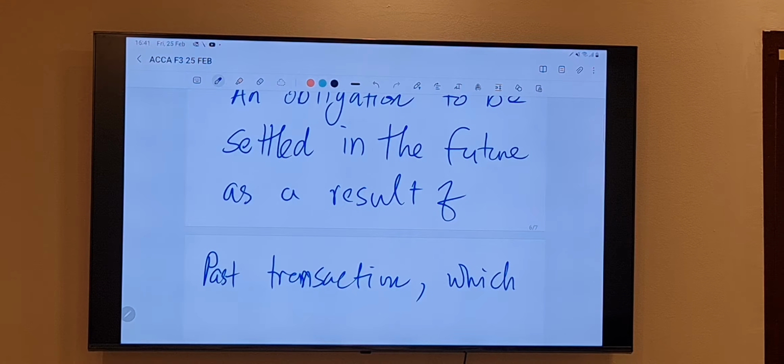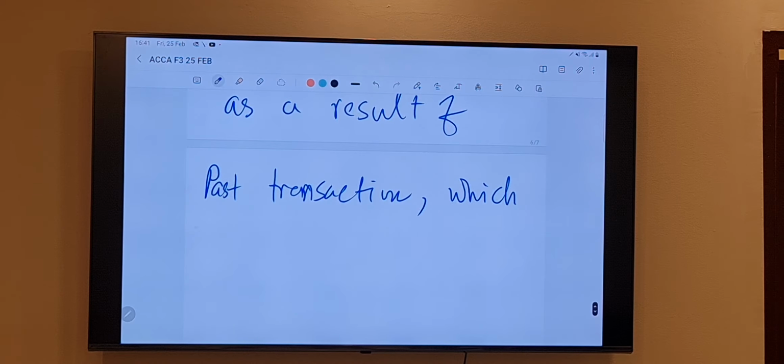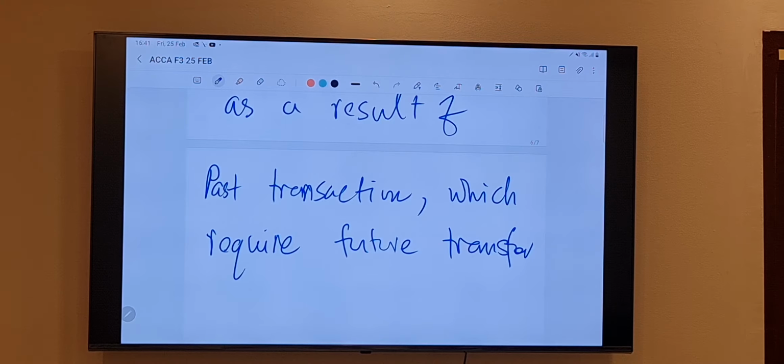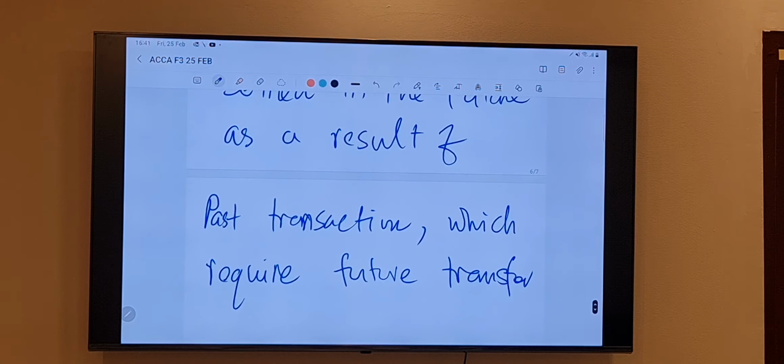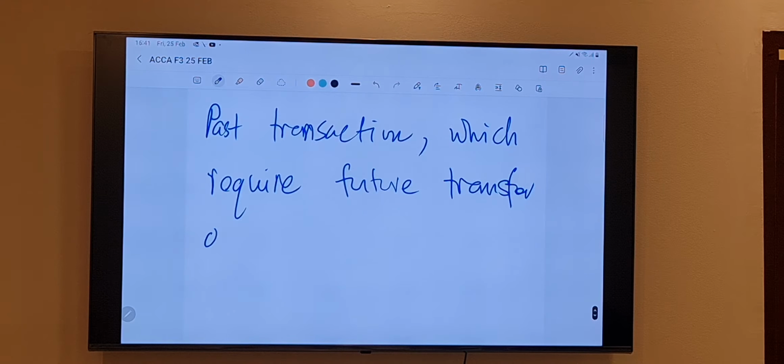I will complete writing, then I will explain to you, okay? Which require future transfer of economic resources. I will now go to the beginning.